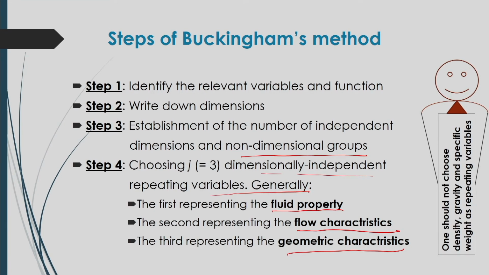So, you cannot select repeating variables like fluid property 3 times like that. No, you have to take in such a way that from each characteristic, like fluid property, flow characteristics and geometric characteristics, you have to take one dimension from each of these variables.